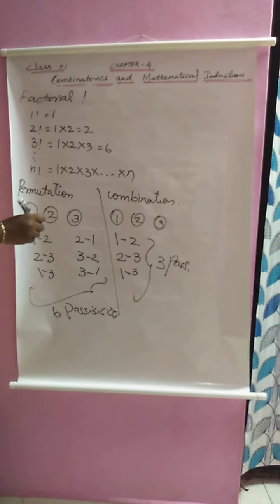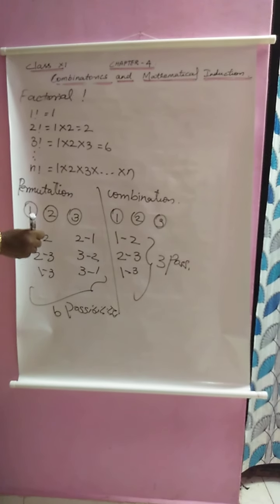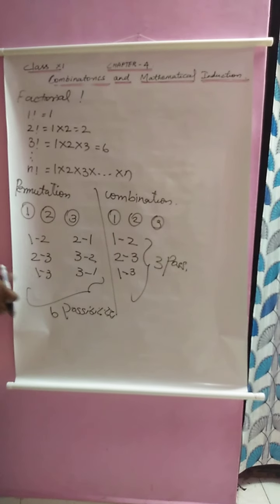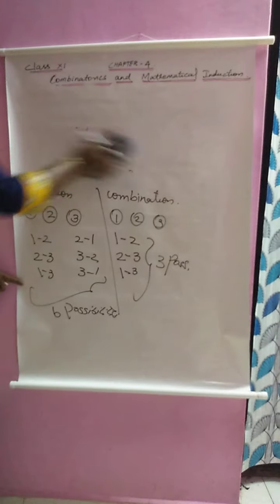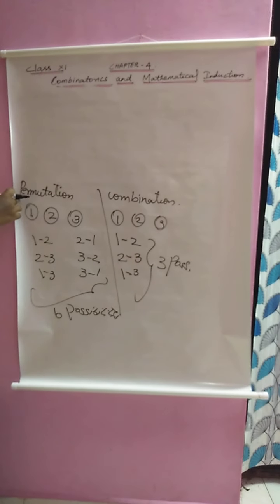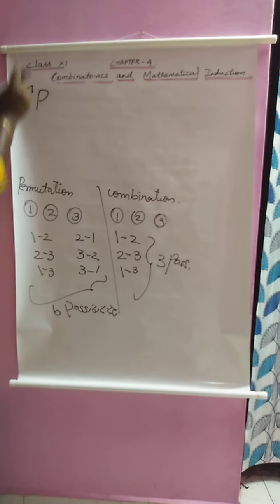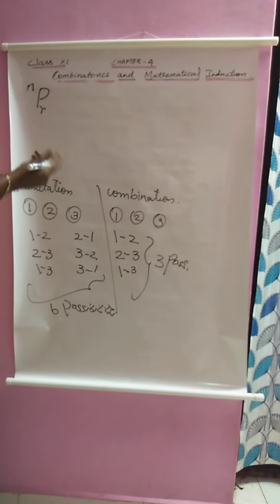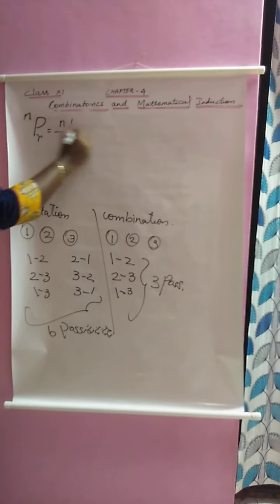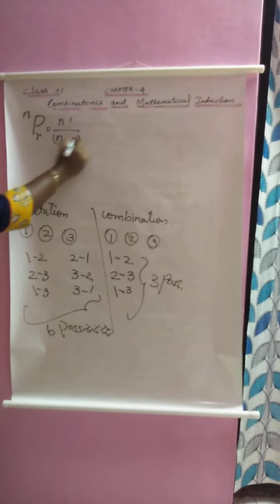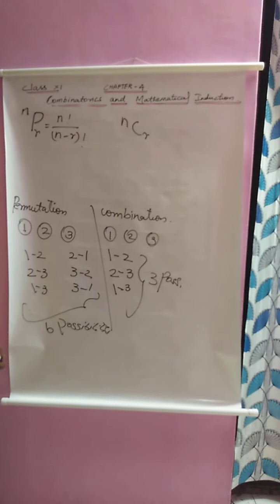So every time we cannot draw the balls like this and count. For this purpose, we have formulas for permutation and combination. Now let's see the formulas. Permutation is denoted by the sign P, where n is the total number of balls and r is the number of balls which we are going to take. nPr equals n factorial by n minus r factorial, and nCr is the formula for combination.